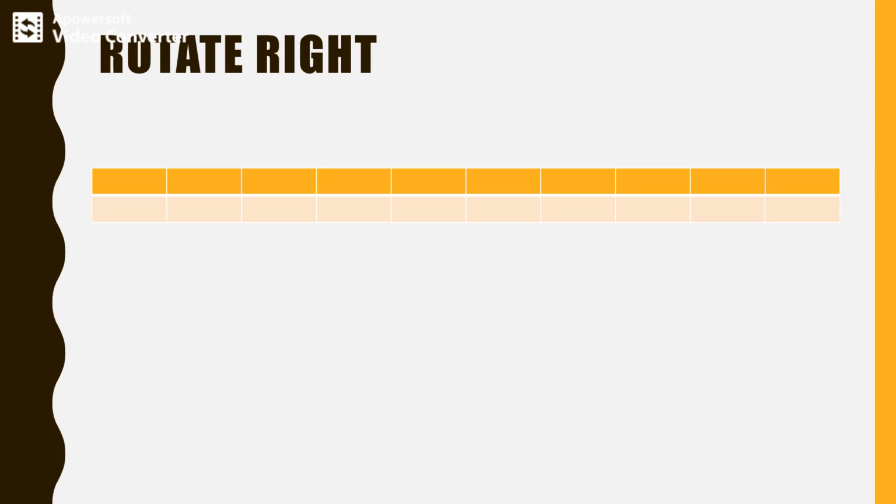Rotate right without considering the carry value. I can take the instruction as rotate right constant 1 comma R0. Before performing the rotate instruction, the value of the processor register is 0, 1, 1, 1, 0, 0, 1, 1, and the carry value is 0.